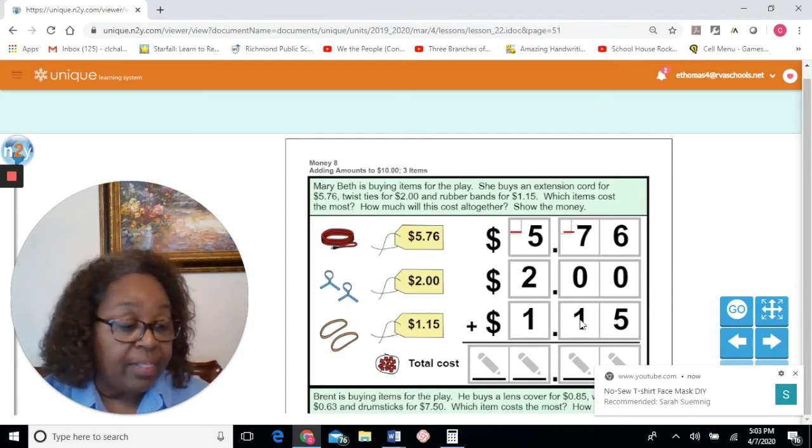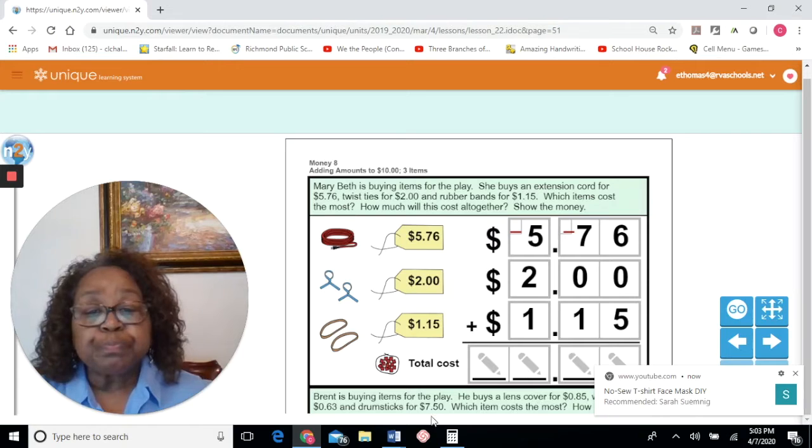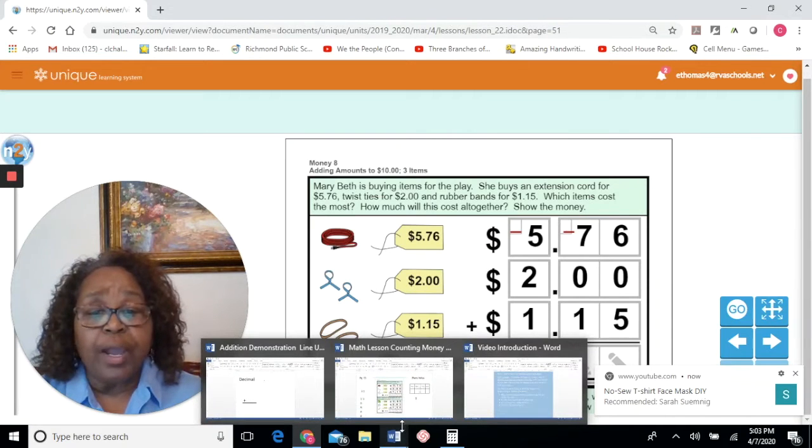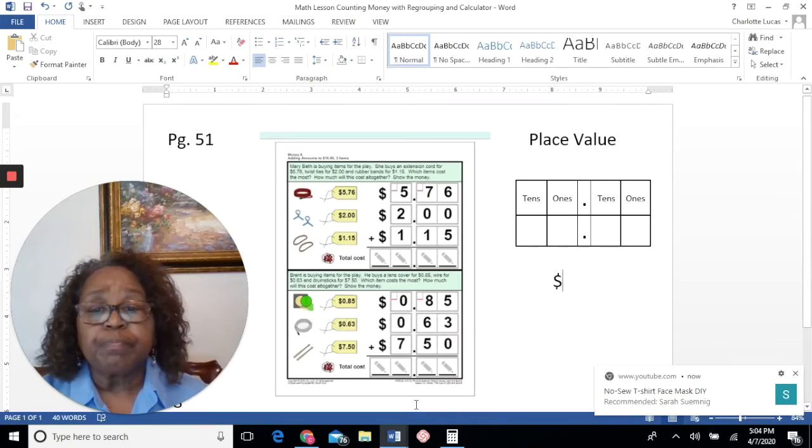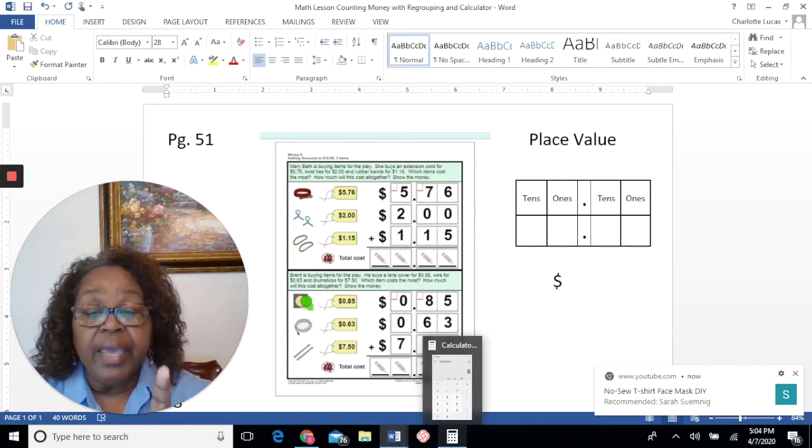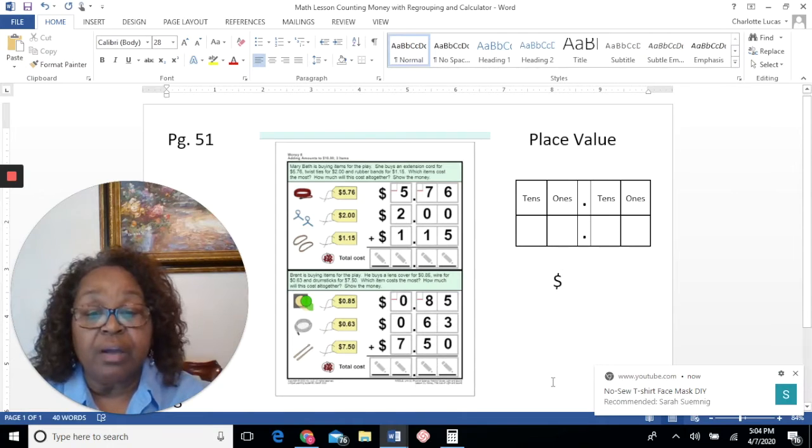How can we add that together? So let's give this a try. I'm going to try and add it here where we can write things down, and then we'll move back onto the Unique and do our final calculation.